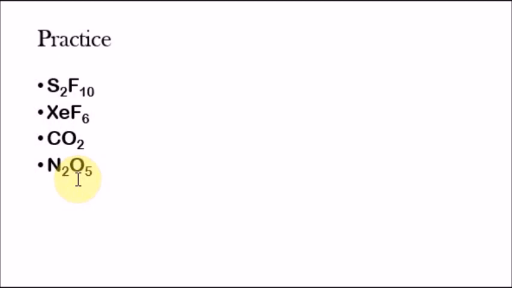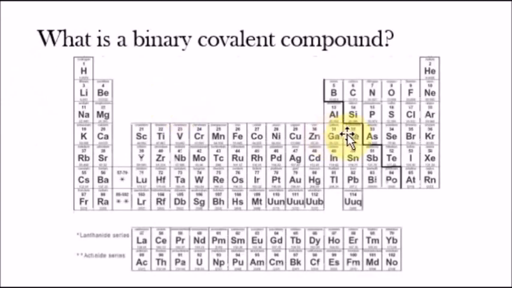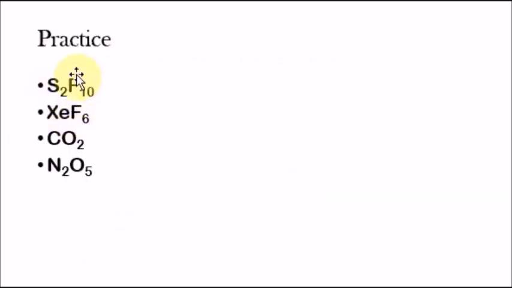Now, let's make sure they're binary covalent compounds. The way we do that is we make sure all these elements are to the right side of the periodic table. For our first compound, sulfur and fluorine, both sulfur right here and fluorine are on the right side of the zigzag line of the periodic table. So this compound is a binary covalent compound.